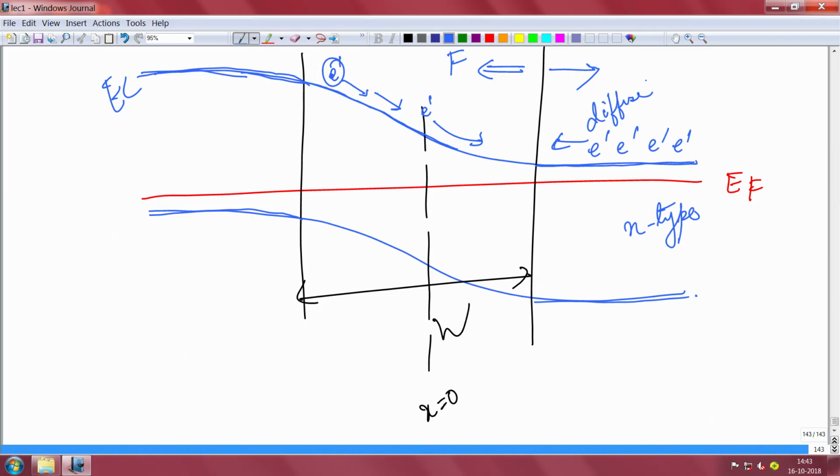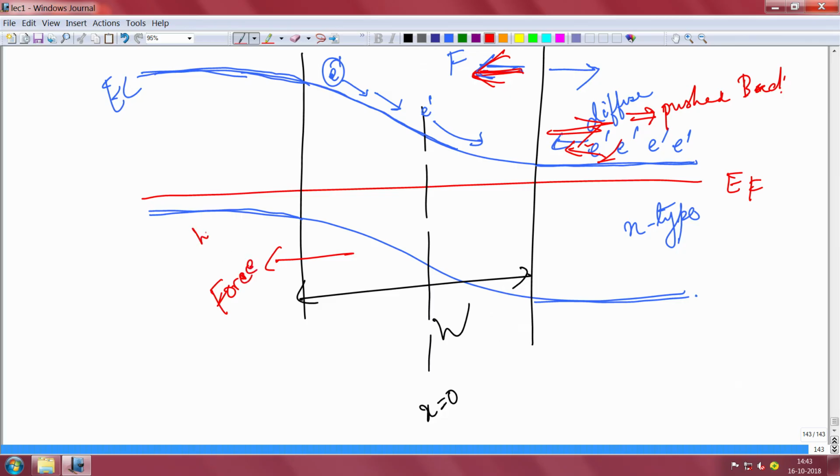but the field is in this direction, which means these electrons that are trying to diffuse will be pushed back in this direction, right, which means they will not be able to surmount this barrier. Similarly, if the field is in this direction, then the force on holes also will be in this direction because they are positively charged.